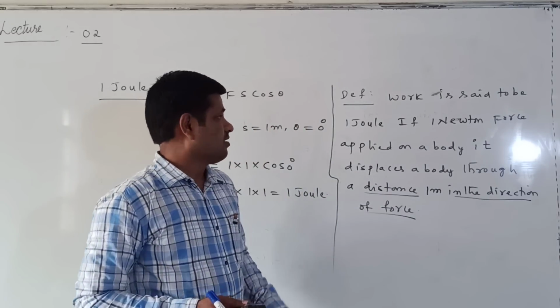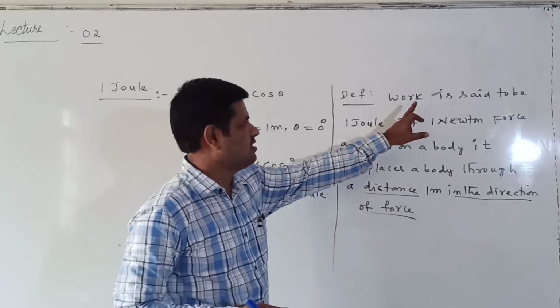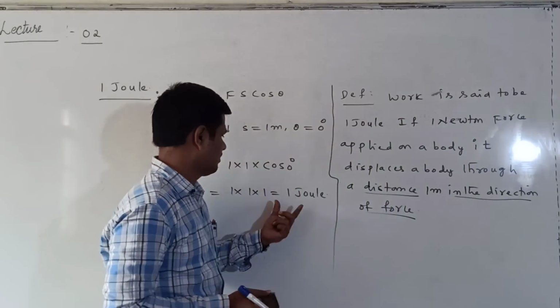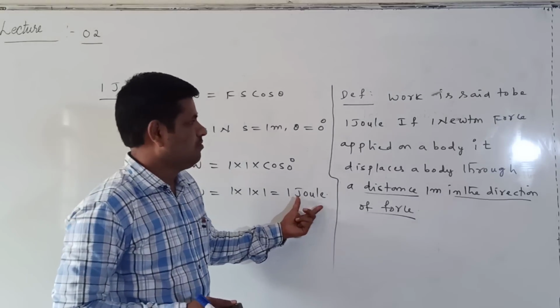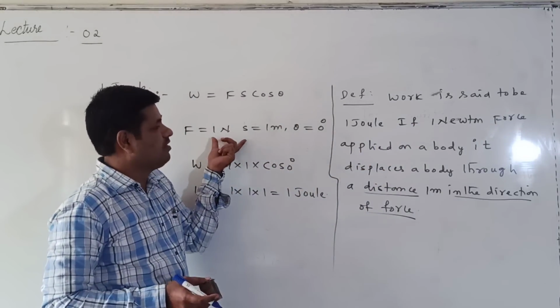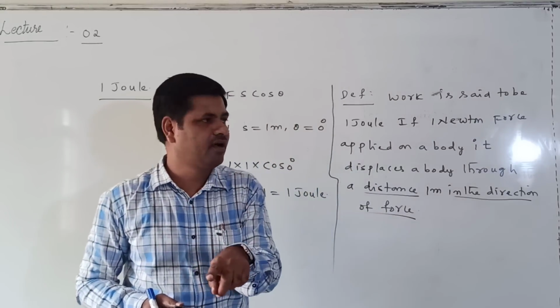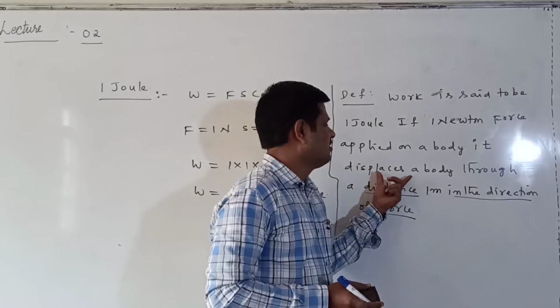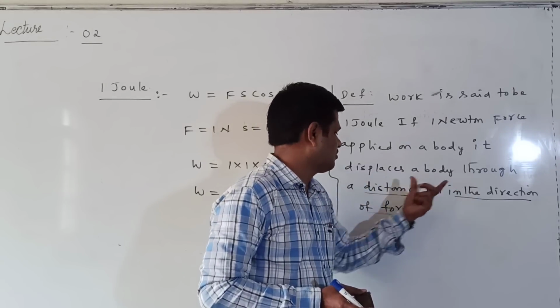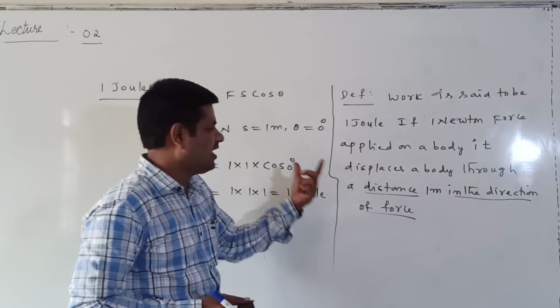Listen here. From this, how do we define the joule? Once again, listen. Work is said to be 1 joule if 1 Newton force applied on your body displaces the body through a distance of 1 meter in the direction of the force.